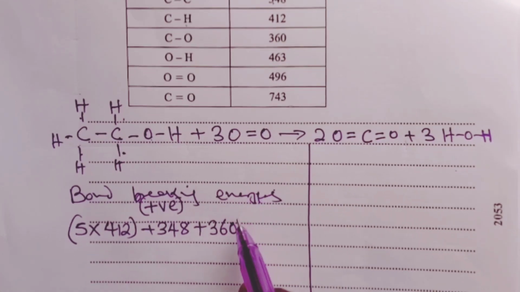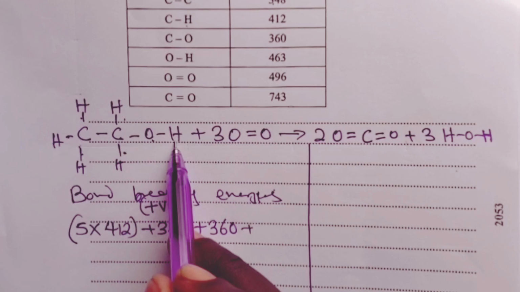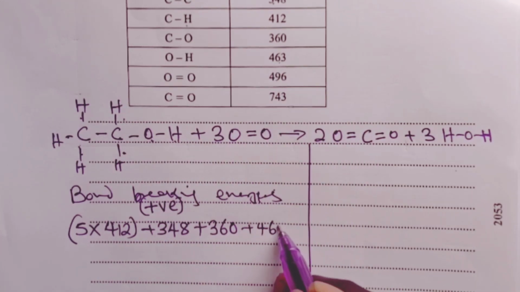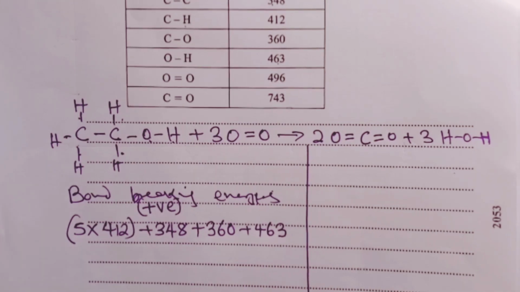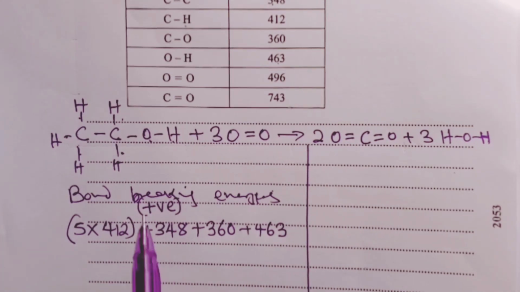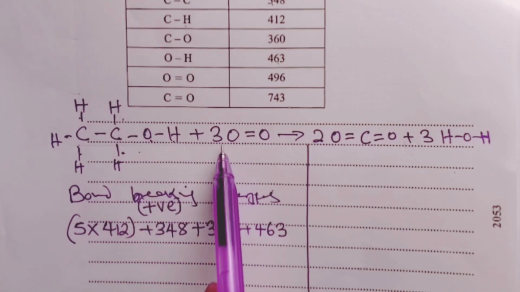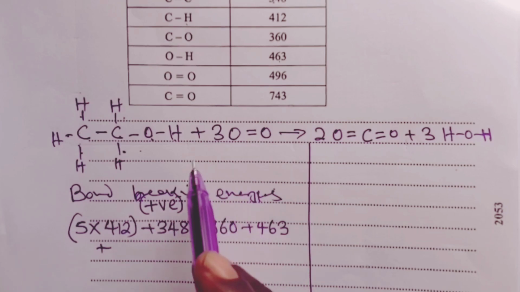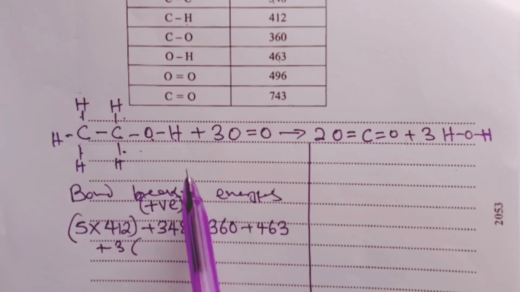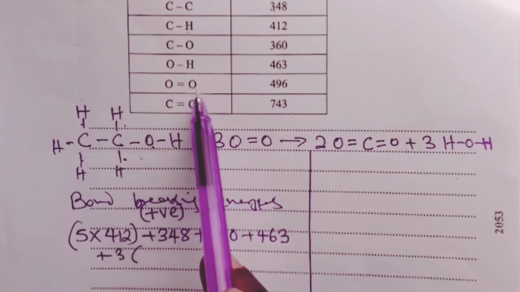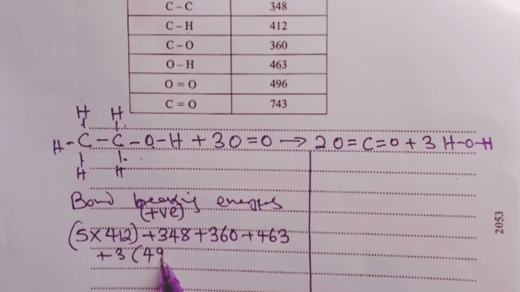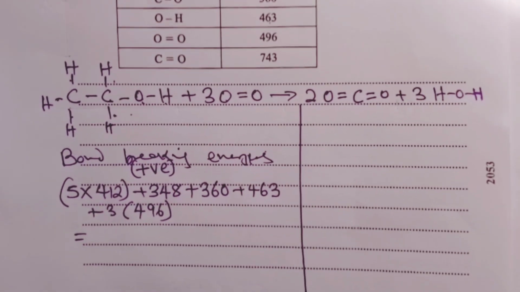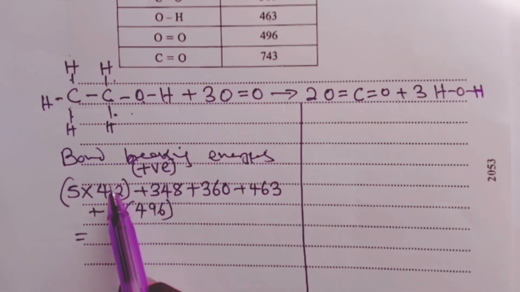And finally, we have an OH bond here that will be accompanied by 463 kilojoules. With that, we are through with our ethanol. So we go to oxygen, and for oxygen, we have 3 that we shall multiply by O double bond O, which is 496. Adding all this, we should now get the total bond breaking energies.